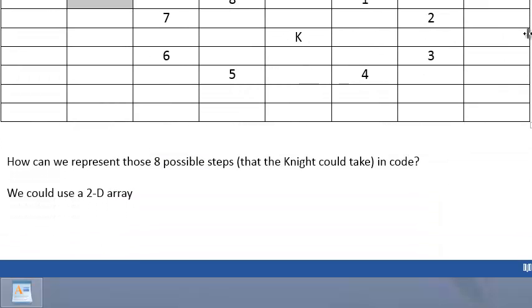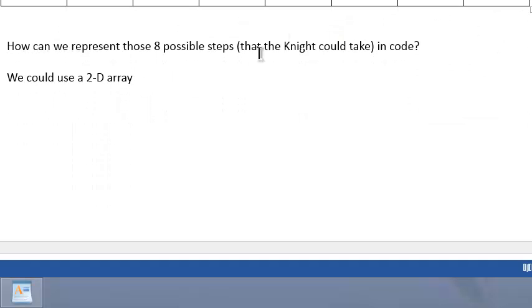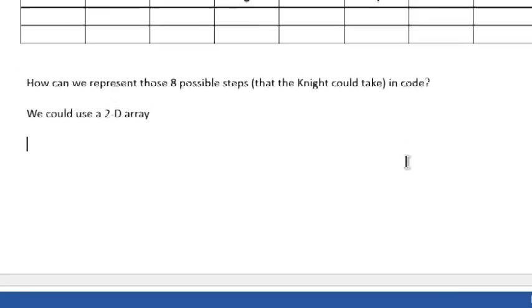Well, we could use a two-dimensional array. The first dimension could correspond to his offset in terms of rows, and the second dimension could represent the offset in terms of the column. So let's try that. Let's see if we can list those 8 steps in terms of offsets for row and column.